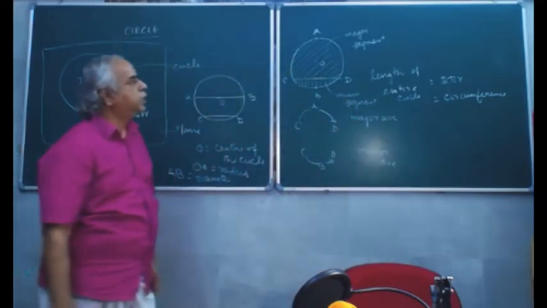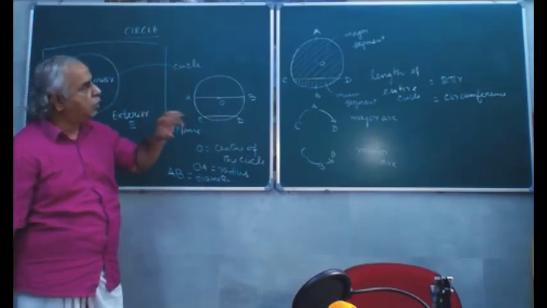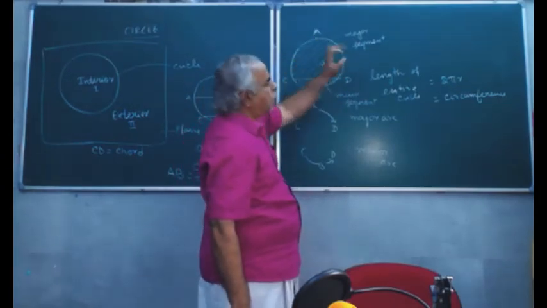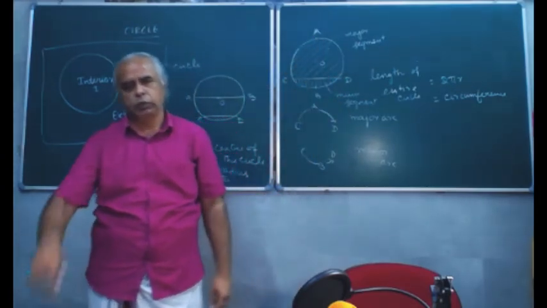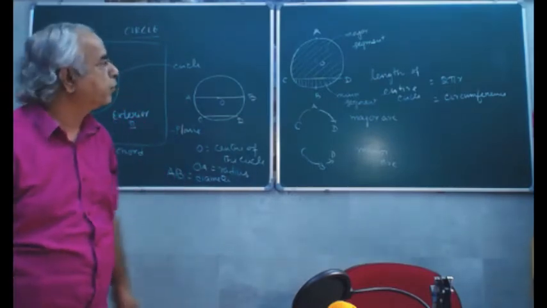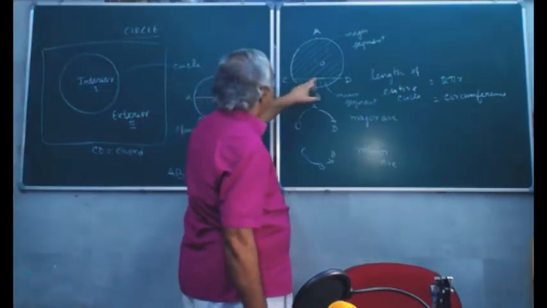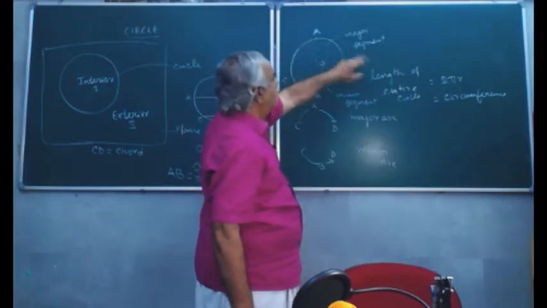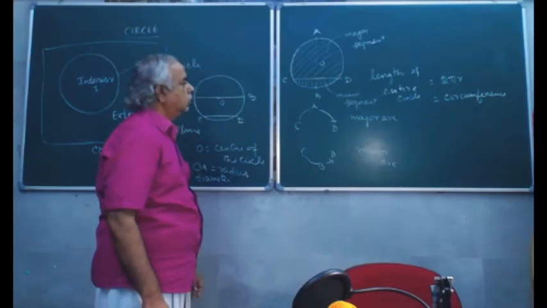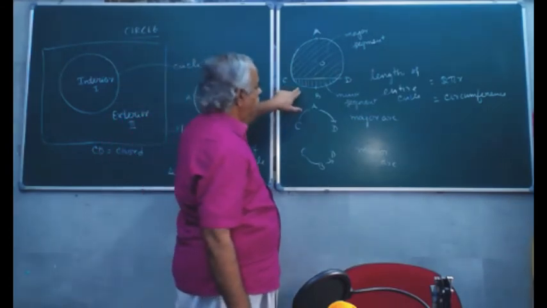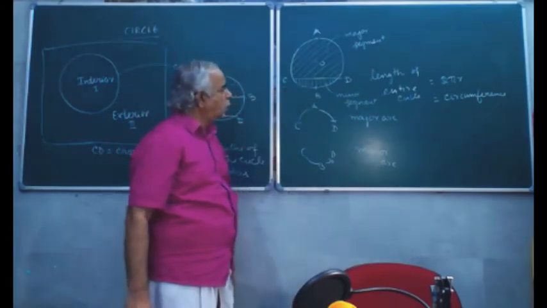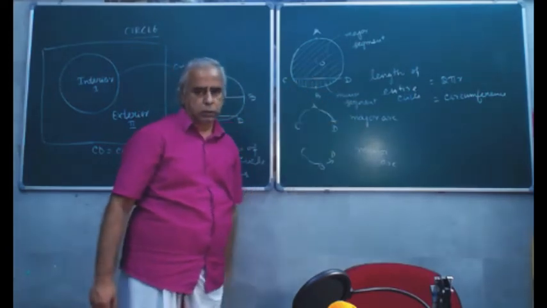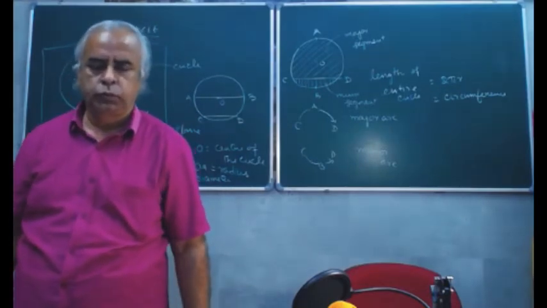So what do you mean by major segment? It is the area enclosed by the chord and its major arc. And what is the minor segment? It is the area enclosed by the chord and the minor arc. Do you understand?